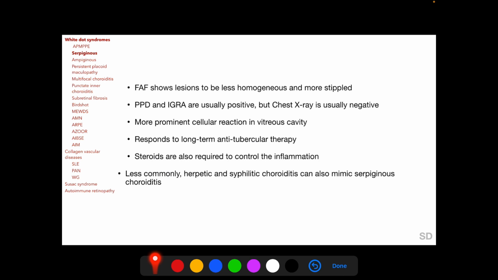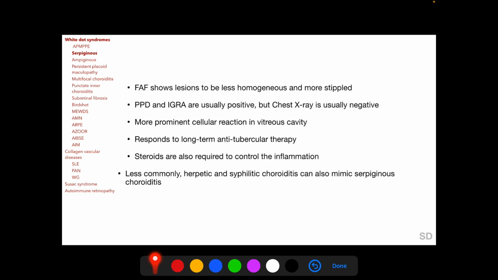Purified protein derivative test and interferon gamma release assay are usually positive, but chest X-ray is usually negative. There is more prominent cellular reaction in the vitreous cavity in tubercular choroiditis compared to serpiginous choroiditis, and it responds to long-term anti-tubercular therapy, although steroids are also required to control the inflammatory aspect of the disease.